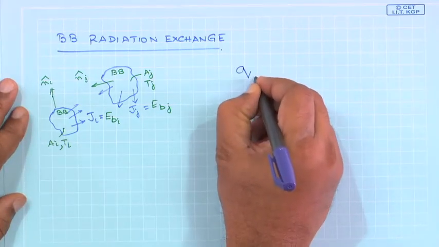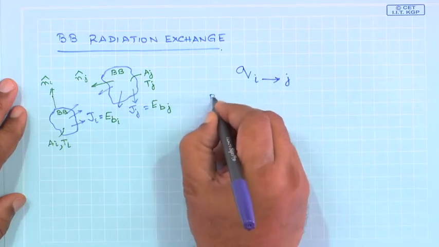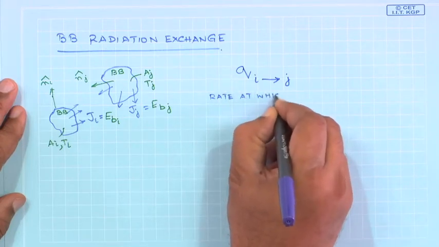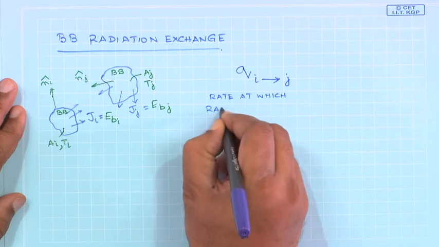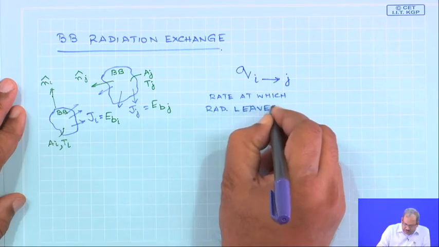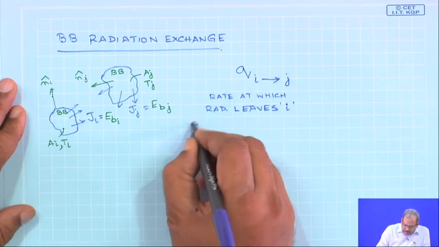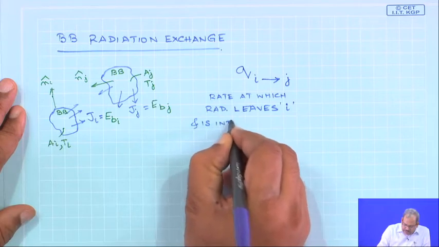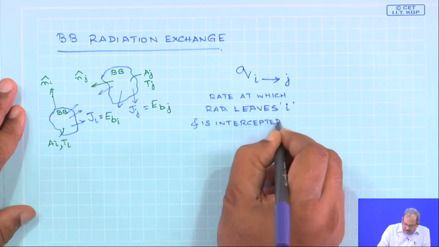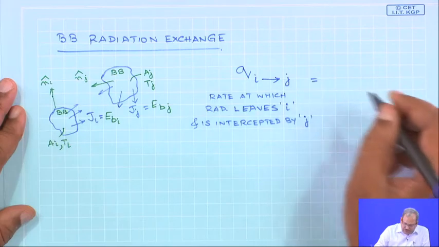So, Qi to j, that means the rate at which radiation leaves surface I and is intercepted by J. What is this going to be?